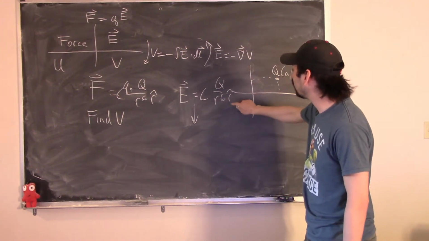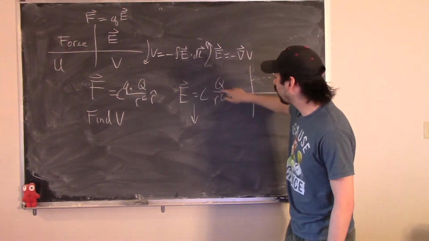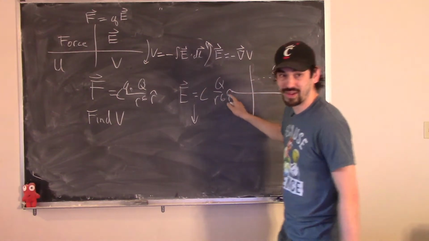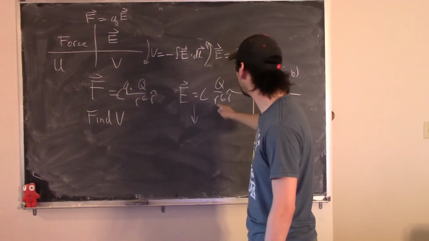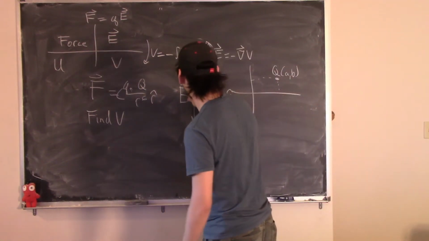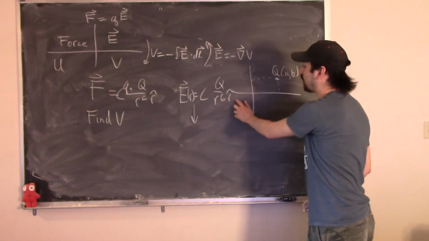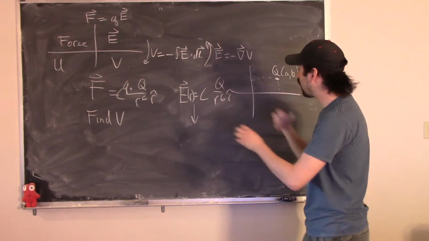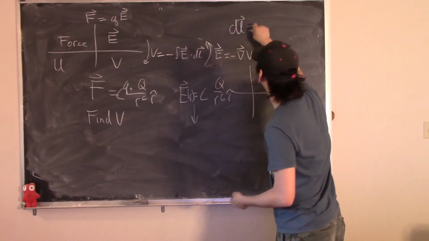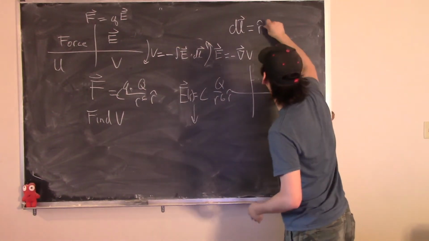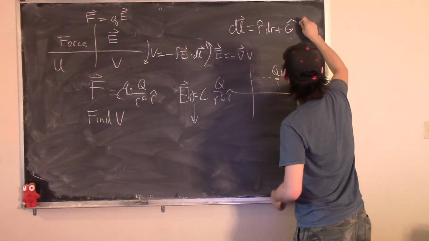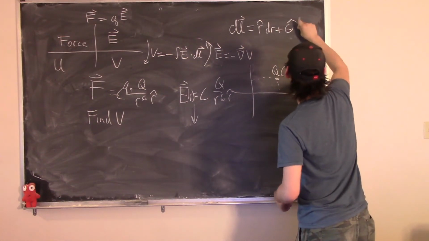That's a question you're going to have to ask yourself if you're approaching a problem like this. But the punchline is, look at what E is a function of. Look at what the vector for E is. This one is some E that's varying with radius and points in the radial direction. That should clue us in that we want to use dl in polar coordinates. That's to say that this is r hat dr plus theta hat r d theta.